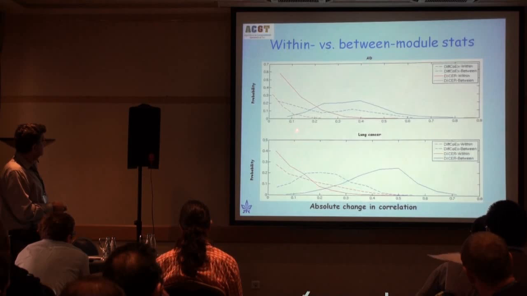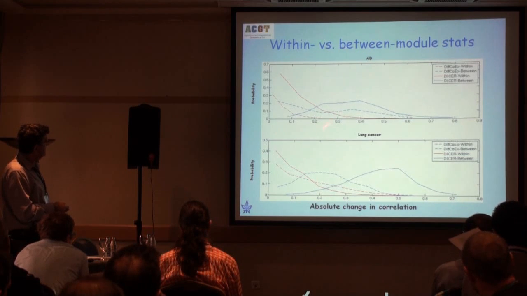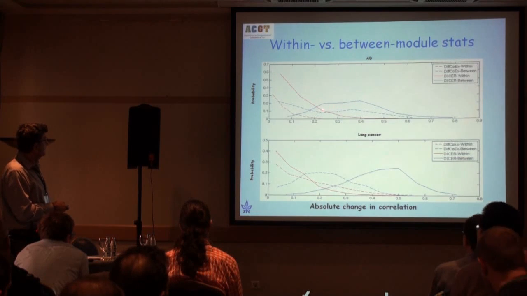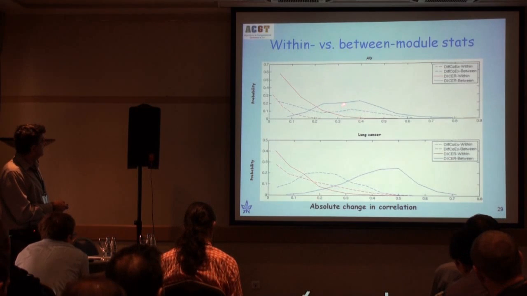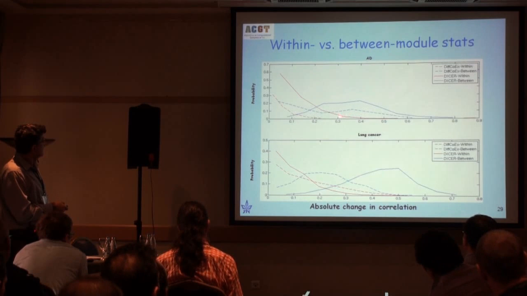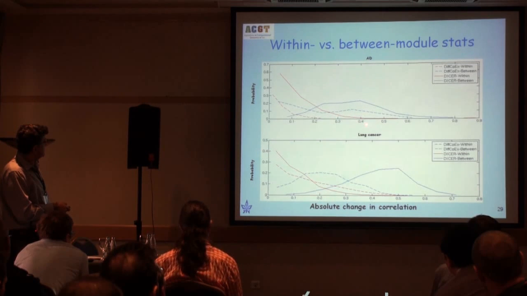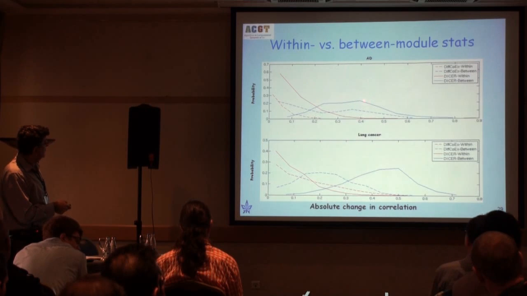If you look at individual data set, this is the AD, for example, you see that the absolute change in correlation within Dicer modules is shown here in this red solid line, and this between modules in the blue solid line.